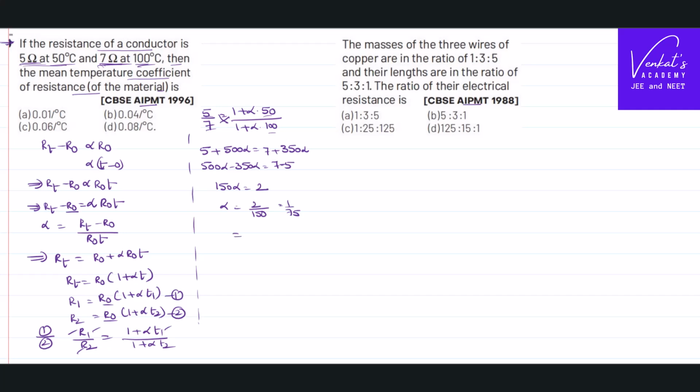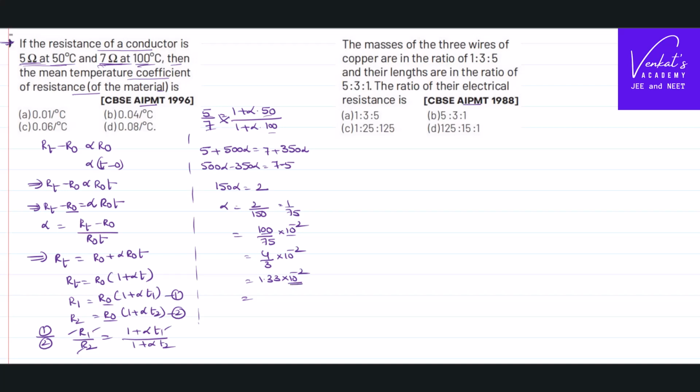If you calculate 1 by 75, you can make it 100 by 75 and of course 10 power minus 2. I have just multiplied and divided by 100. 100 by 75 is 4 by 3, so 4 by 3 into 10 power minus 2, that is 1.33 into 10 power minus 2.